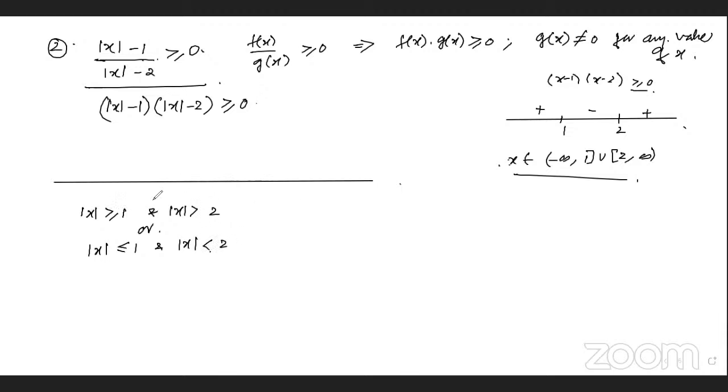So you can draw the plot. Number 1, mod x, इसके दो values आ गए, -1 plus 1 and ये आ गया -2 plus 2. Look at this. Mod x greater than or equal to 1, मतलब out of the bounds, closed here, out of the bounds like here, and mod x greater than 2.